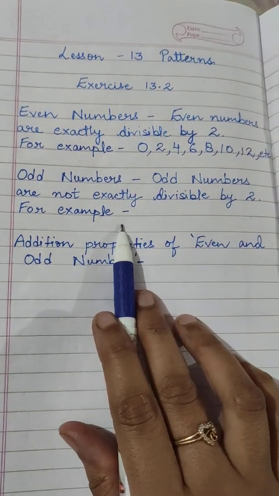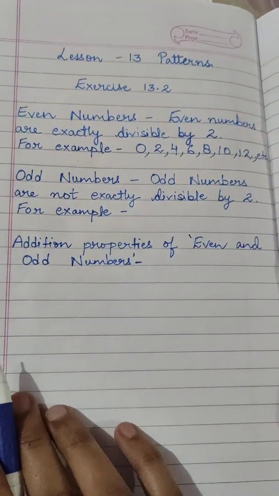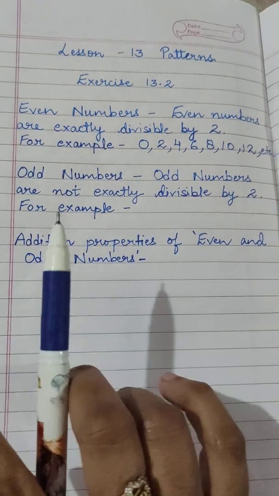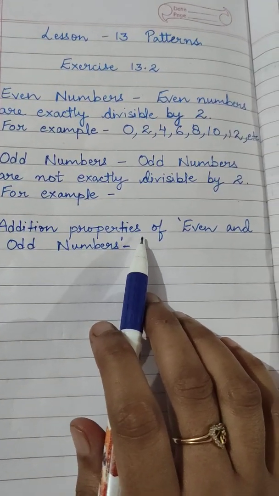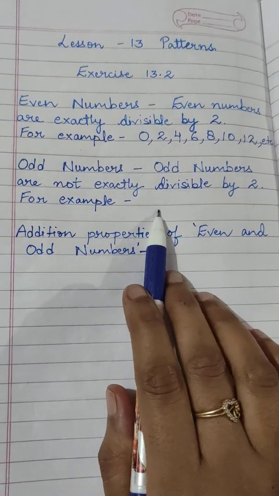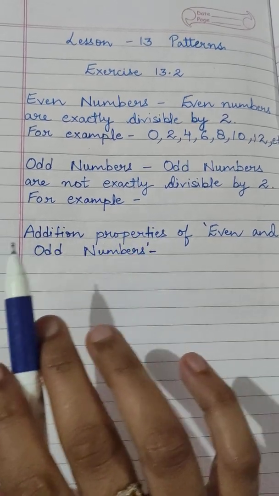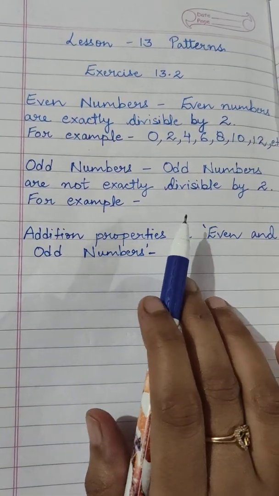And odd numbers are just the opposite of even numbers. Odd numbers are not exactly divisible by 2, or we can say odd numbers will not come in the table of 2.